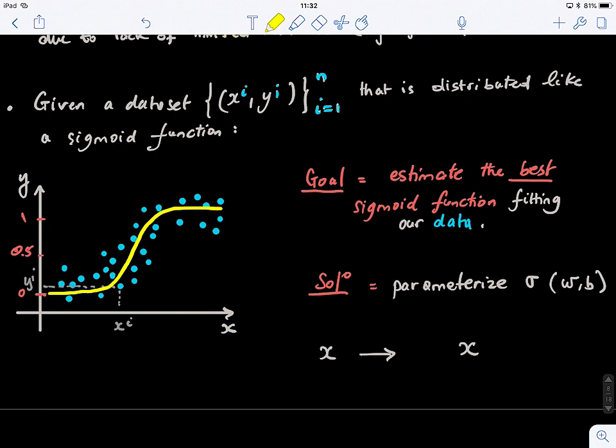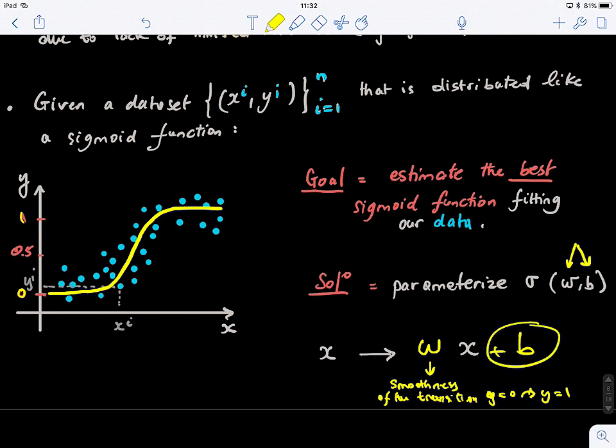So the sigmoid function in this case will depend on two variables, W and b, because we want to account for the smoothness of the transition from 0 to 1, from y equals 0 to y equals 1, and with some shifting element that we might have in our data.